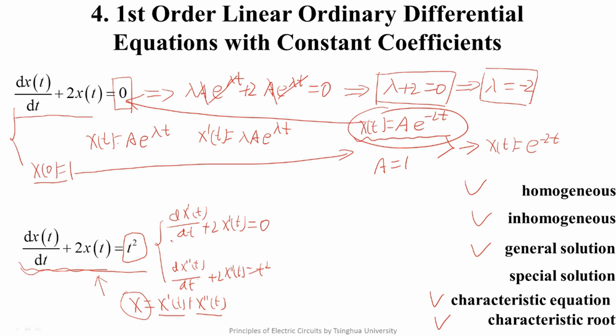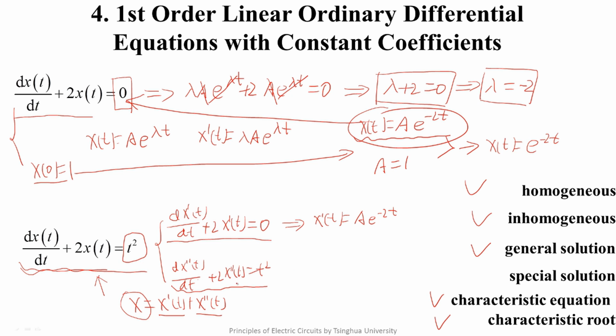The reason for the division is that we have successfully found the solution of the homogeneous equation. We can easily know the solution of the homogeneous part is x prime equal to a times e to minus 2t. So now we need to find a solution which meets the remaining equation.